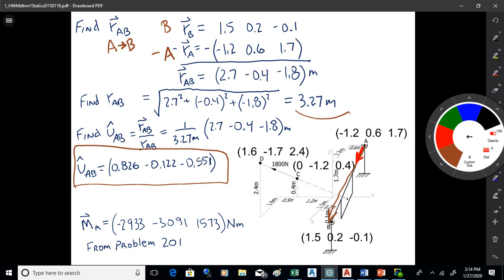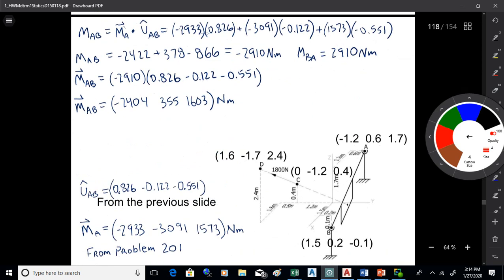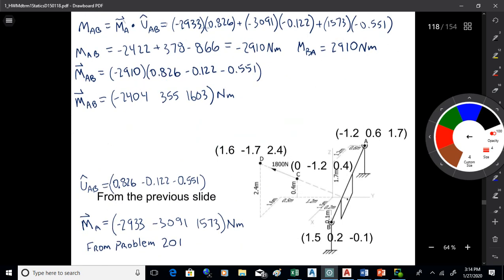Now, to find the projection of the moment vector onto that unit vector, you use a dot product. That's how you find projections. All you have to do is a dot product. You take the moment vector, minus 2933, negative 3091, and 1573, and multiply it by the unit vector components: negative 2933 times 0.826, negative 3091 times negative 0.122, and 1573 times negative 0.551.